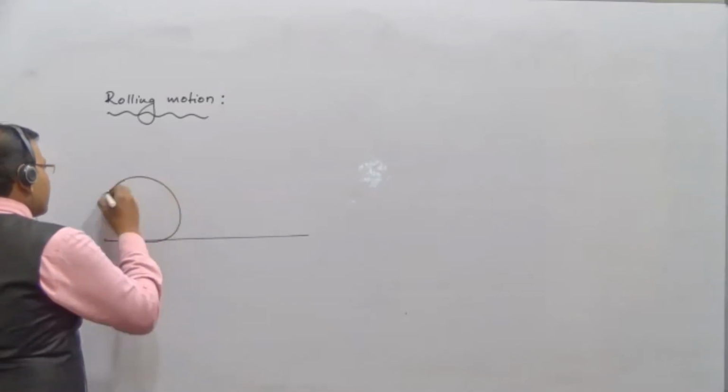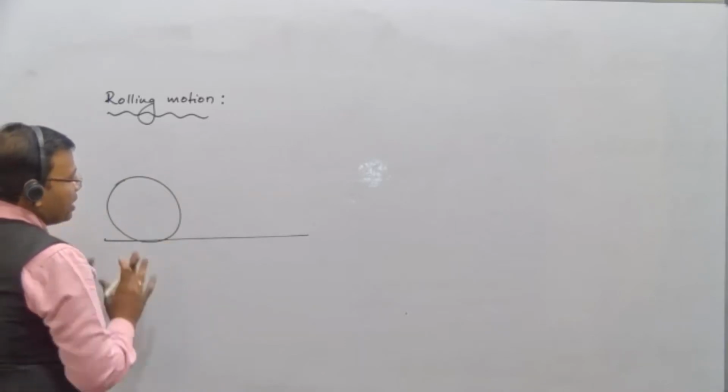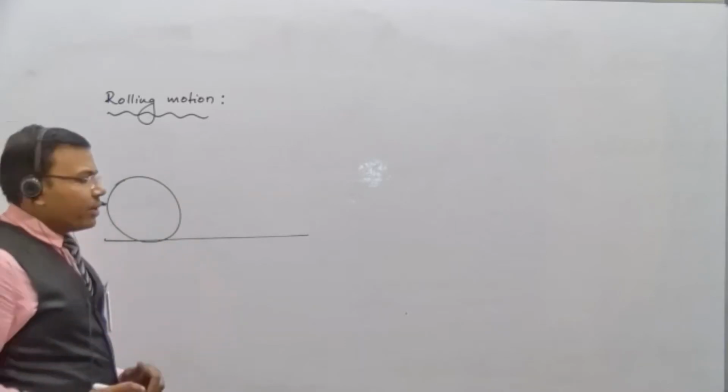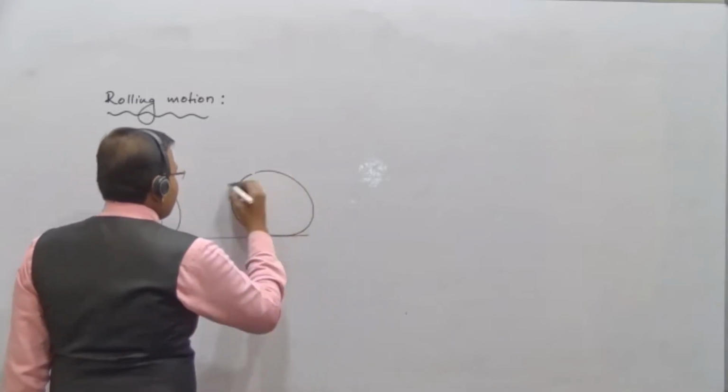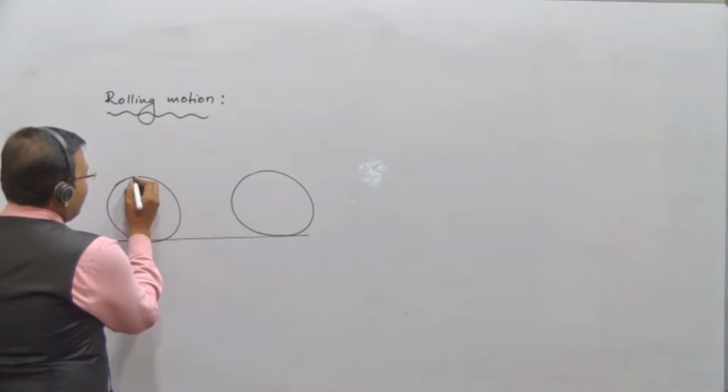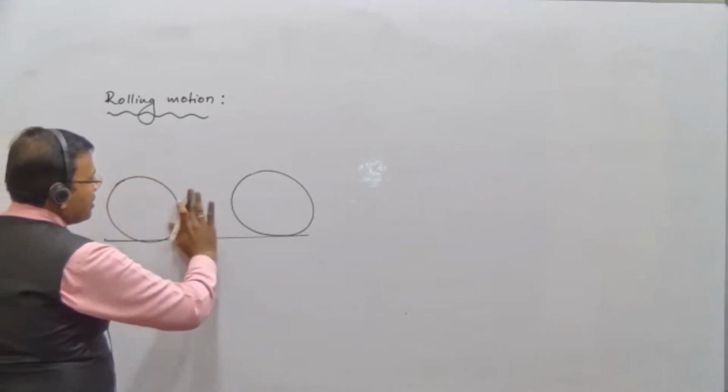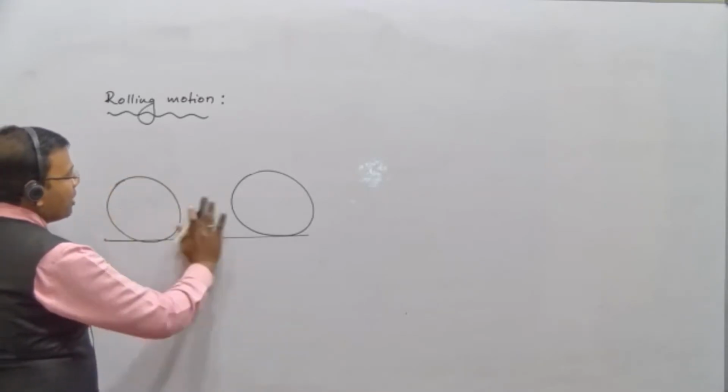You can see here, this is one object, a sphere. Just imagine a sphere or a ring, whatever it is. Here also, I'm considering one more object. This object has translatory motion.